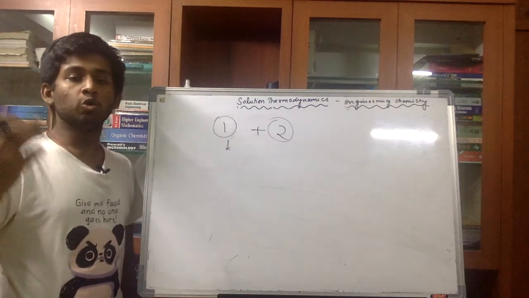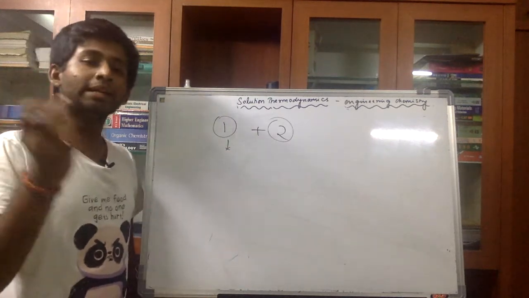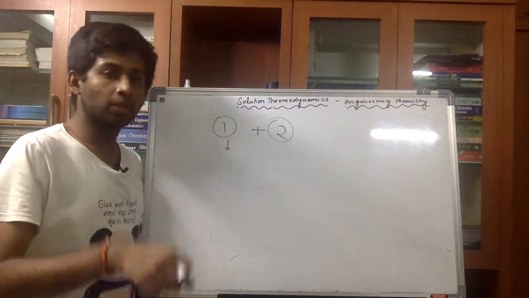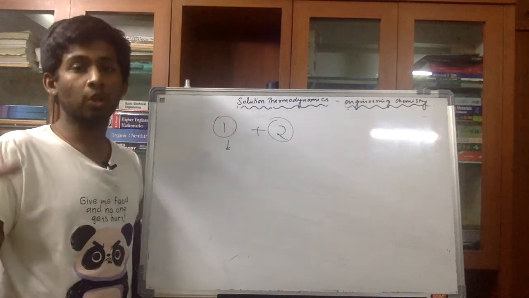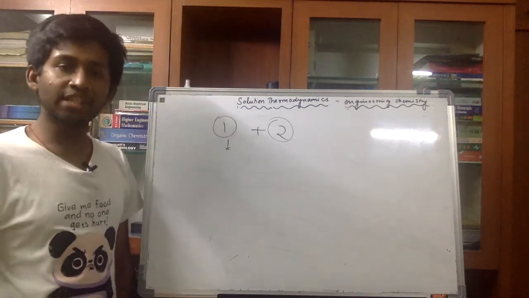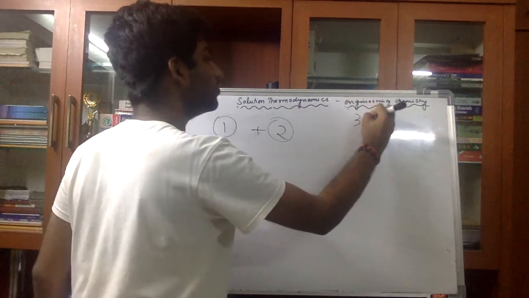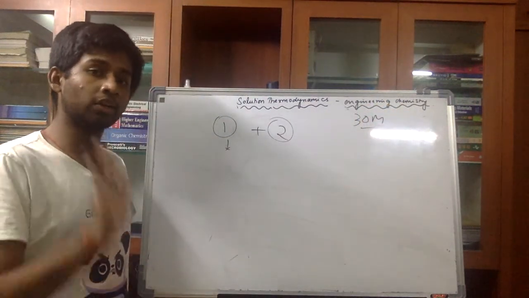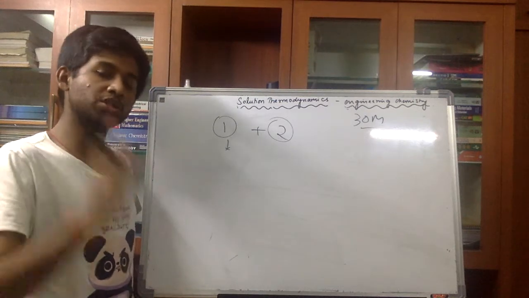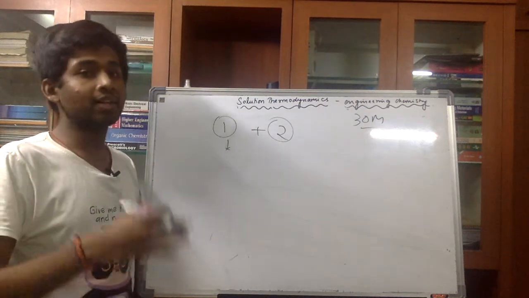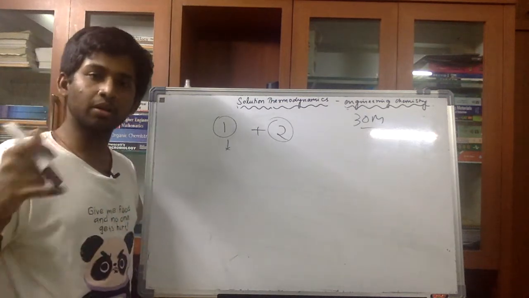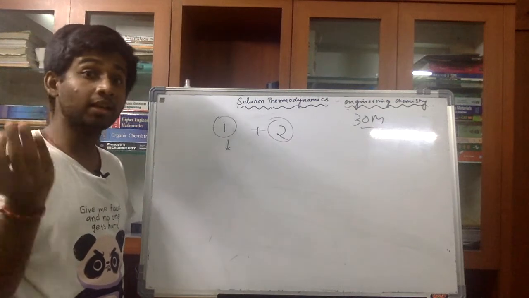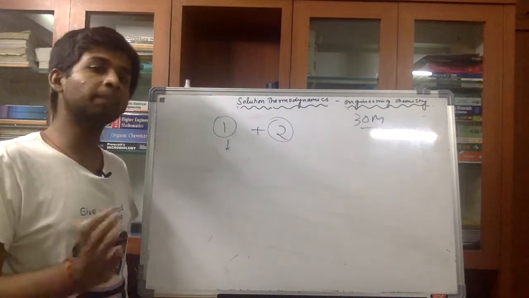That means you have to add little by little of component 2 into component 1 until the desired concentration is attained. For example, if I need some 30 molar concentration, I will have component 1 of the same number of moles right from the beginning. I will consider the number of moles to be unity for the purpose of deriving the equation to find the partial molar volume.